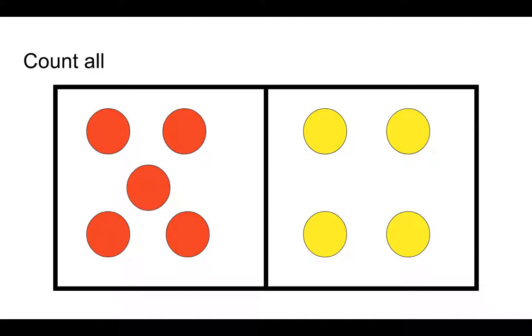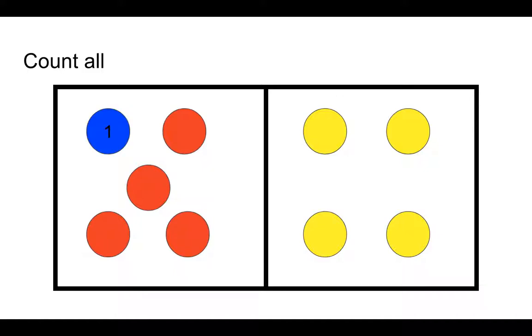So if I have two parts here, I have one part in the red and one part in the yellow. One way to find how many I have as my whole, because I put my two parts together to make my whole, is to count all. So this is a model of what counting all might look like. I would start with one of the circles or counters, and I would count each and every single one.